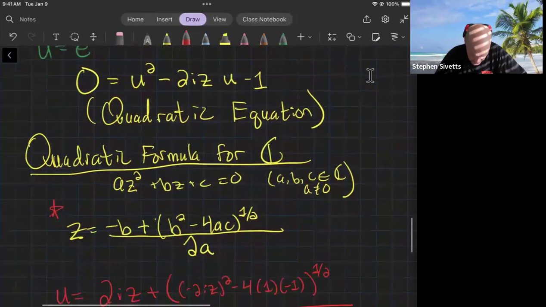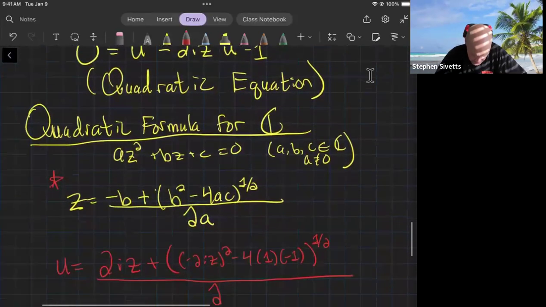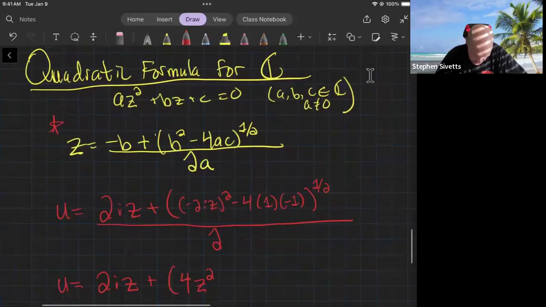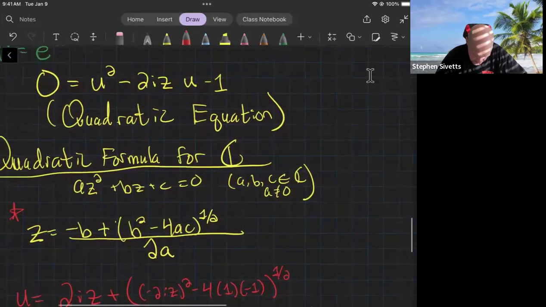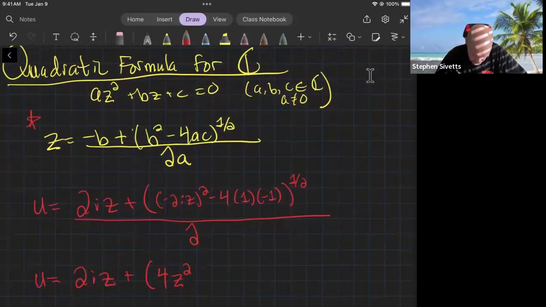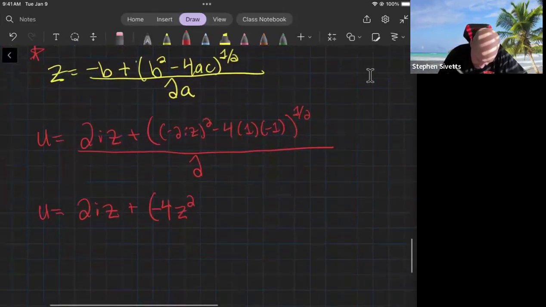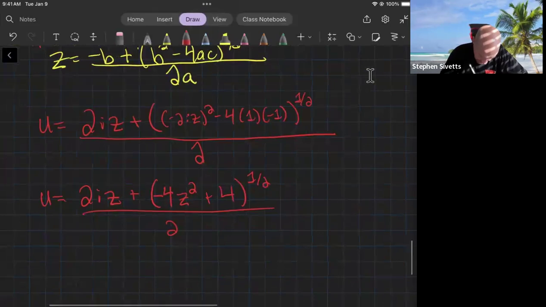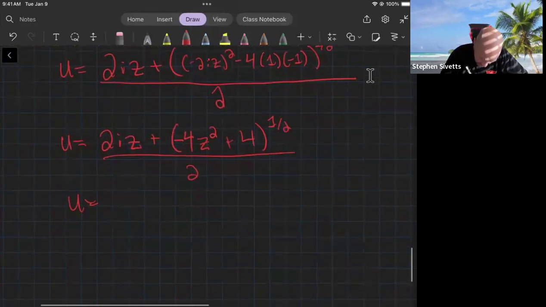Right, okay, I just gotta check to make sure. So minus 2iz is minus b plus or minus 2 squared 4. Okay, so minus 4z squared. Yeah, so that's minus 4z squared plus 4 to the 1/2 power over 2. And if I reduce this down, I'm on the right track.